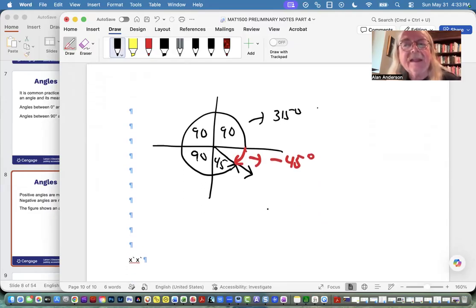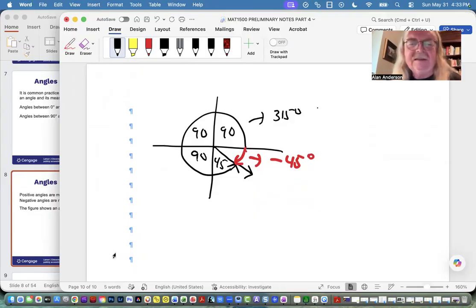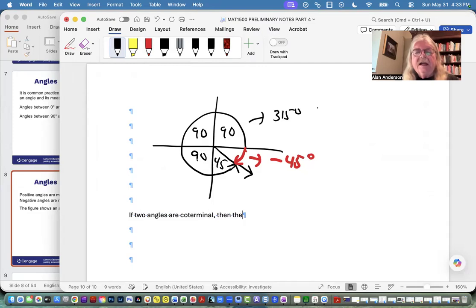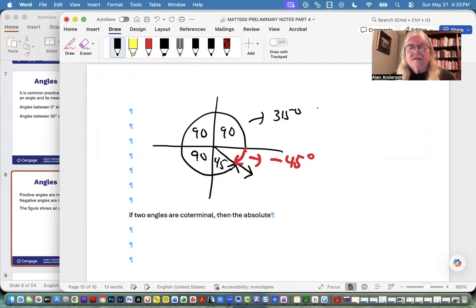Now, I'm going to give you a helpful hint to help you remember how this works. Because you might say, well, I don't want to have to draw this graph every time. If you're not sure, here's a helpful hint. If two angles are coterminal, then the sum of their absolute values will be 360.